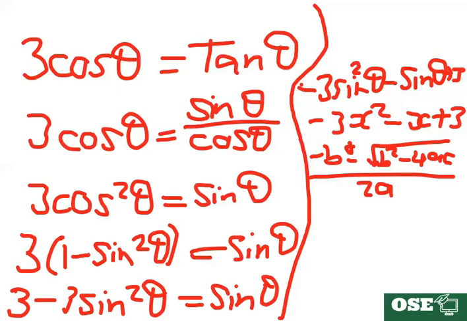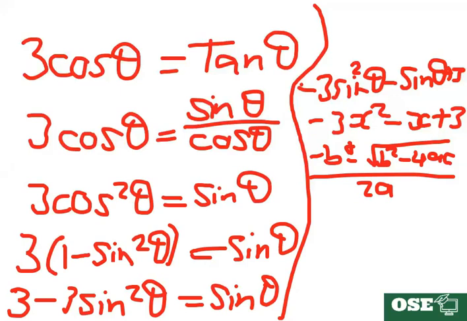1 minus square root of 1 minus 4, A is -3, C is 3, over 2A, which is -6. We have 0.84, or 0.85. Do you guys get the same answer? 0.85.